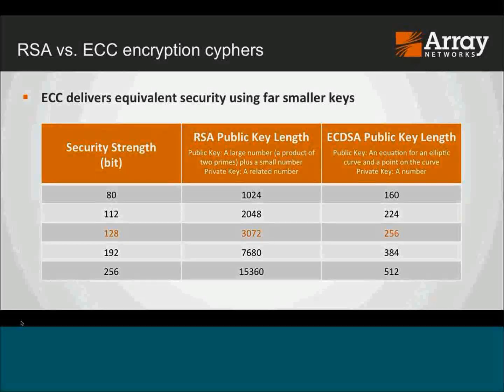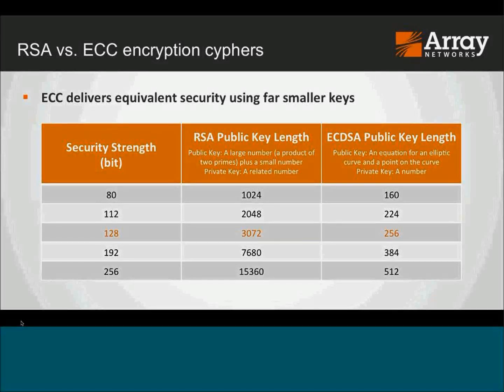And then we talked about how we can't use 1024 anymore, we have to go to 2048. And that provided a security strength of 112 bits. Then I talked about 4096, but in this case, we're going to look at 3072. This provided 128-bit security strength, right?